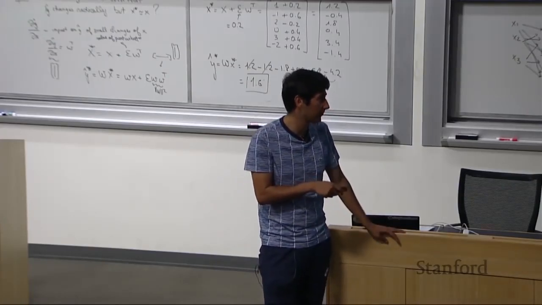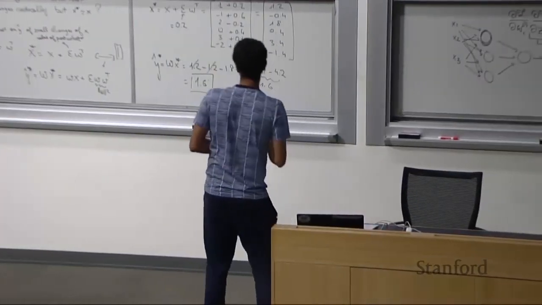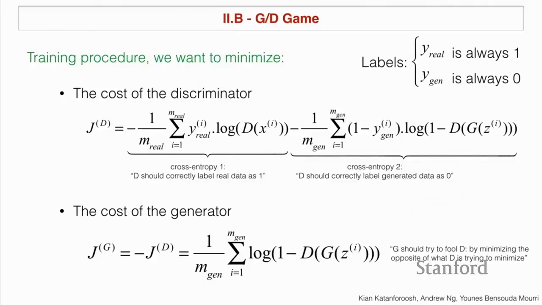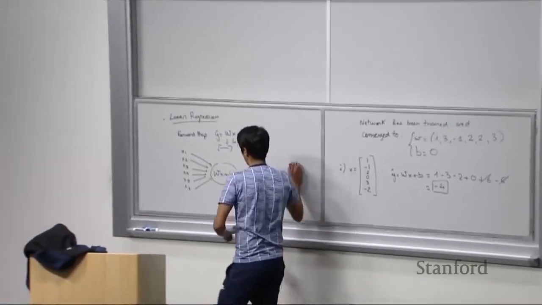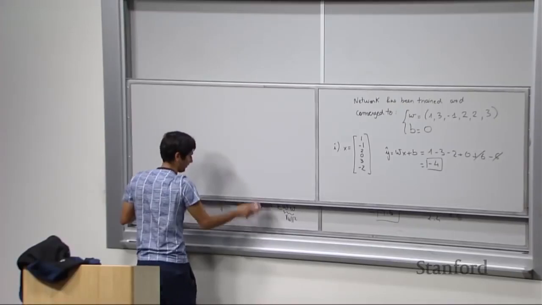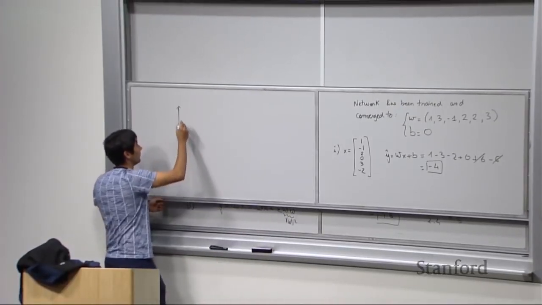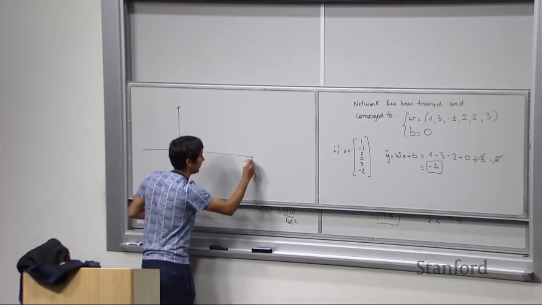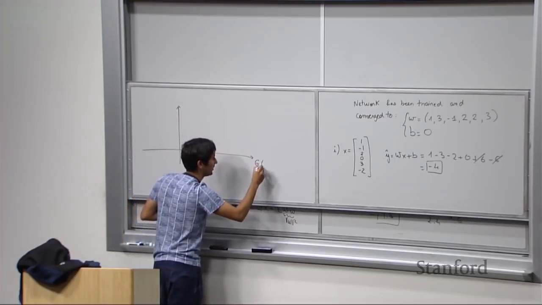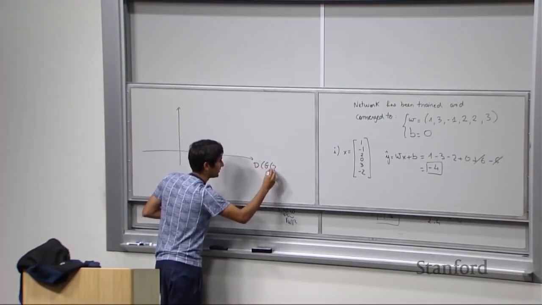Okay, now let's look at something interesting. Let's look at a graph of the logarithm. I'm going to plot against the abscissa axis D of G of Z. So what does this mean?